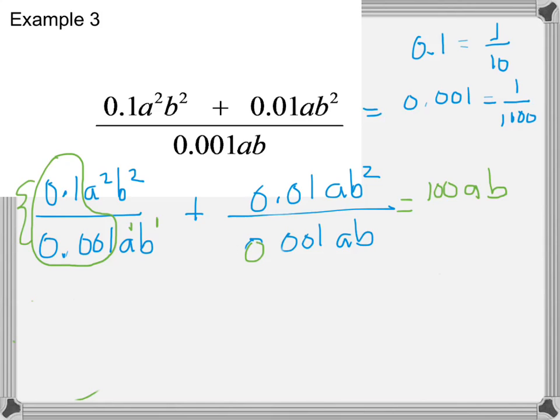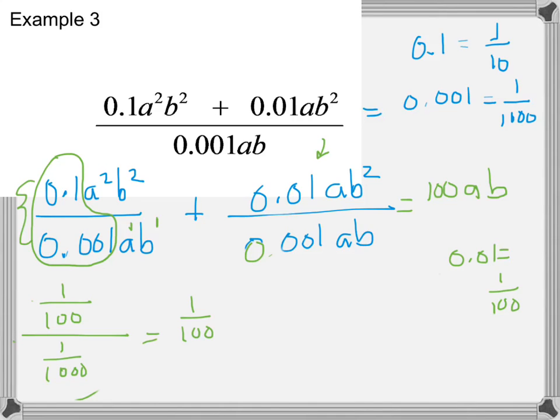Okay, so this was, and again, this right here, 0.01 is 1/100th. So it's saying 1/100th divided by 1/1,000th. And again, we keep the numerator. We change the division, which is represented with a fraction bar, to multiplication.